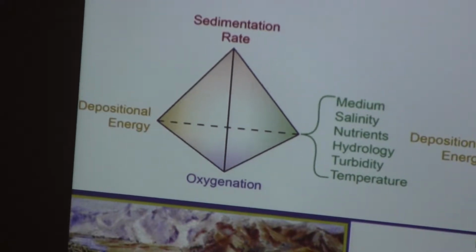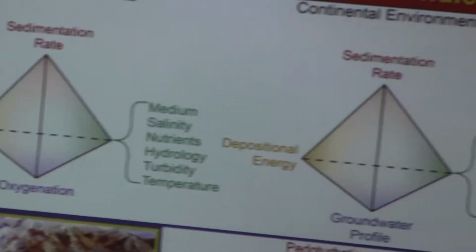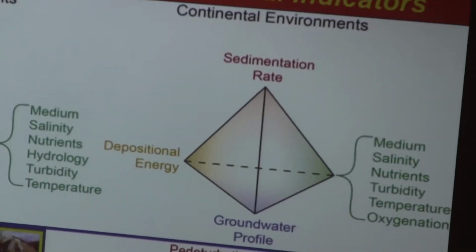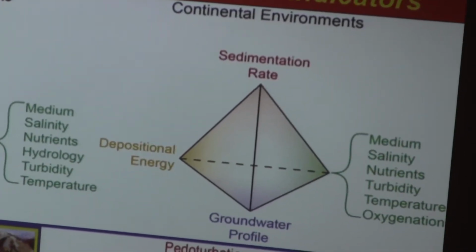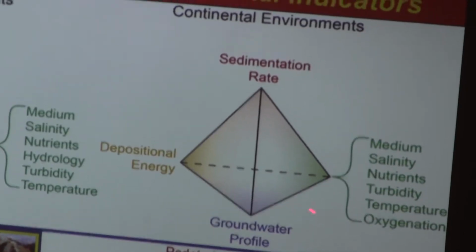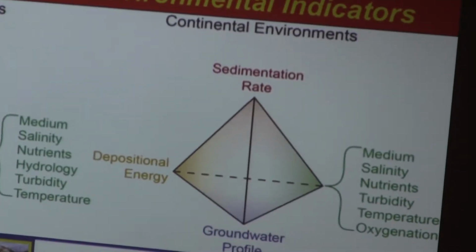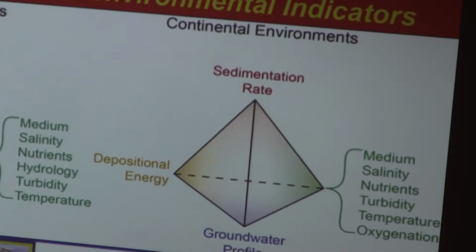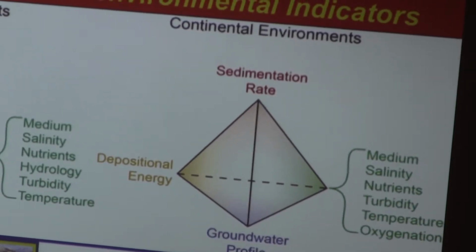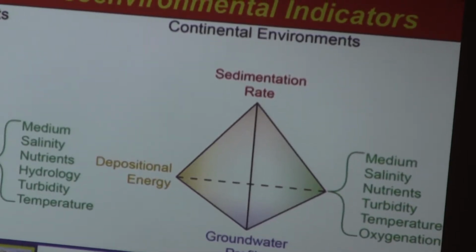In the continental settings, above and below ground, you can see the tetrahedron is very similar. The big difference is it tells us about the groundwater profile and its fluctuations through one year or through multiple seasons.